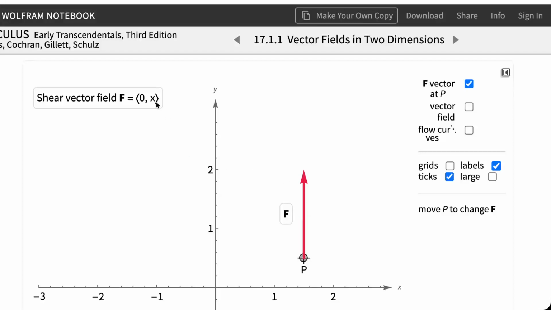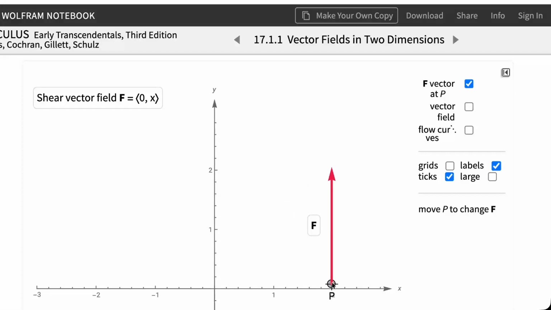And the y-coordinate of the output depends on what x is. So when I'm here with an x-coordinate of like 2, the y-coordinate of this vector is 2. It's going 2 units straight up. When I'm at x-coordinate 0, it's 0, and the app has a hard time drawing a vector of length 0, so it does that.